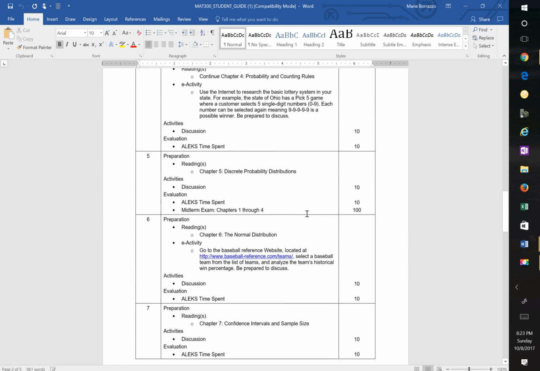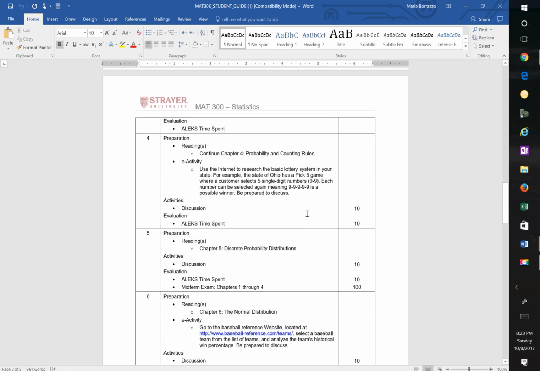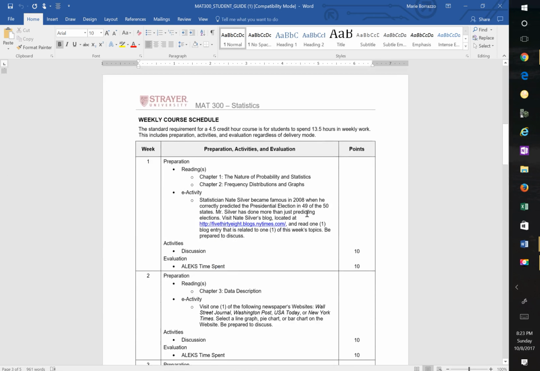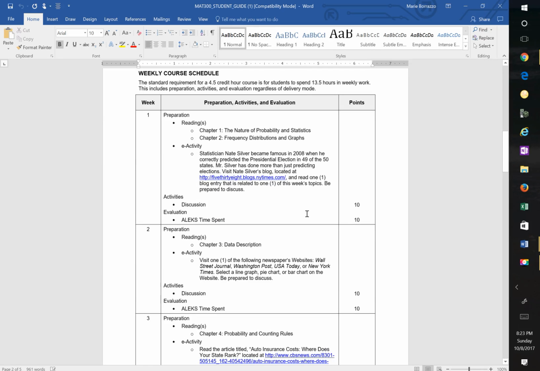As you can see here in your shell, you have your points distribution. Starting with week one, you have a discussion. If you're an online student, you will complete the online discussion. If you're an on-ground student, you will attend class for the 4 hours to receive your 10 points. If you miss class by chance, then you will be afforded an opportunity to do the online discussion to get your points back.